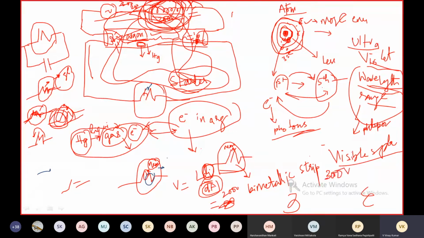Once an electric arc is established between these two filaments, then current will not flow through the starter.